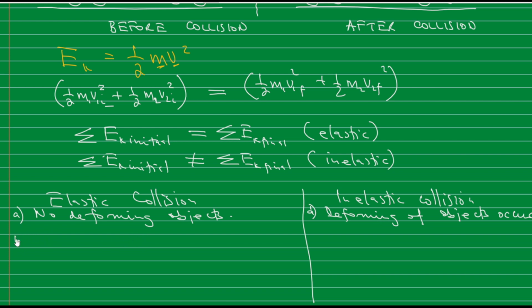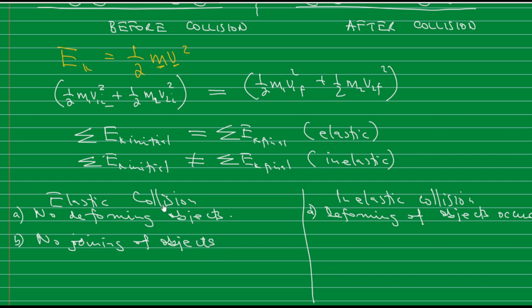Secondly, under elastic collision, there is no joining of objects. There are certain collisions where the objects will combine and move as a unit.